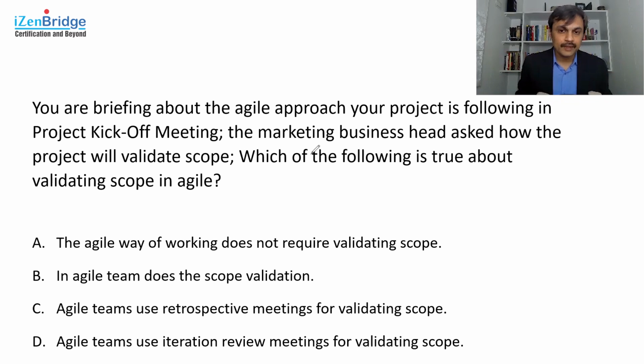We should be very clear about the difference between verification and validation. Verification is something which can be done by the team. So option B is good if we talk about scope verification, but may not hold good when we are talking about scope validation. The difference here is the team is expected to ensure everything is working as per specification, as per understanding, but is it really meeting the requirement?